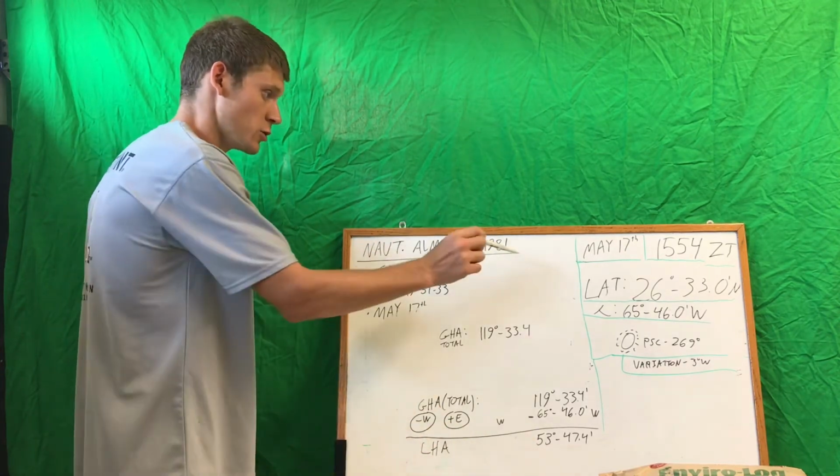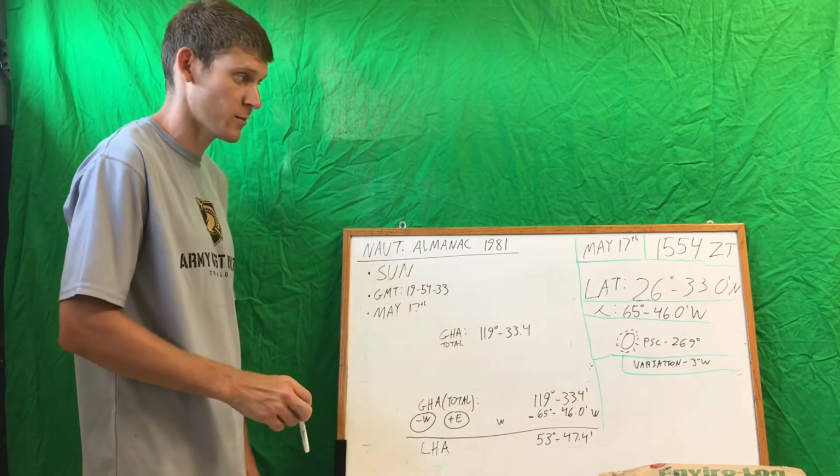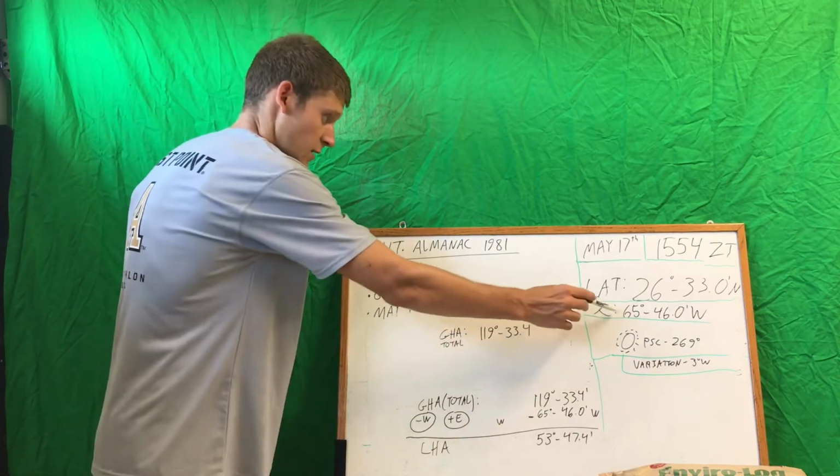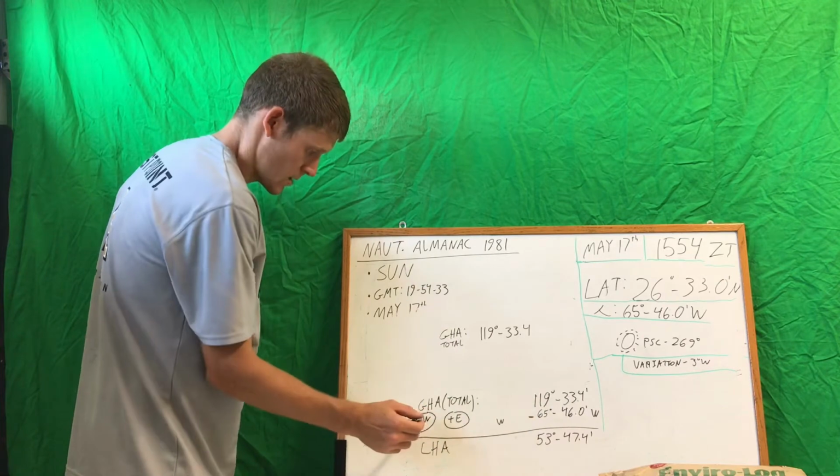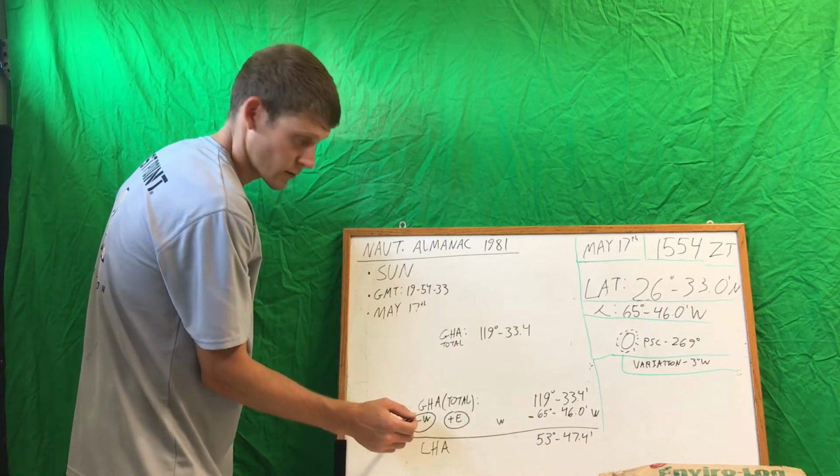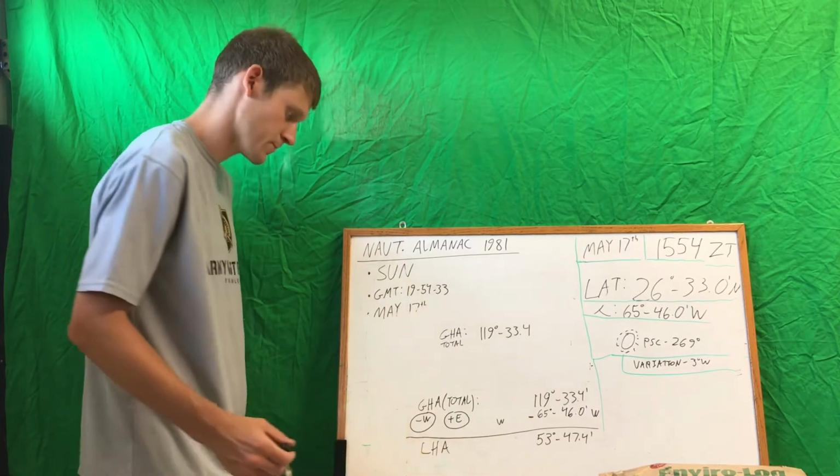So we had a longitude of 65 degrees 46 minutes west. We take that, move it down here, and we're going to subtract it because it's west from our GHA.